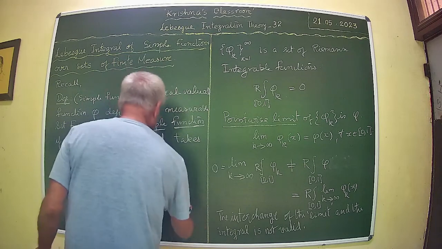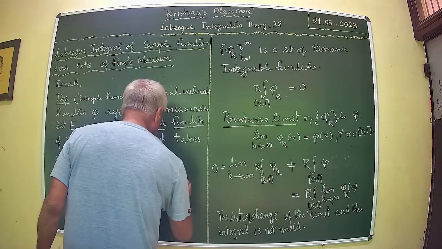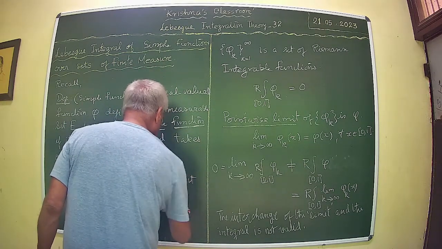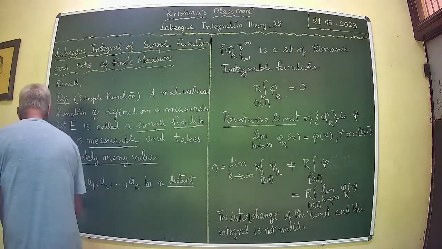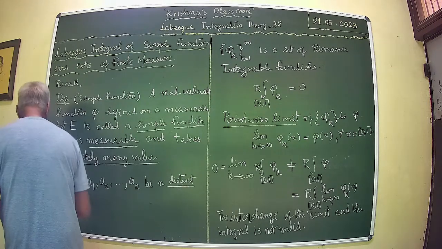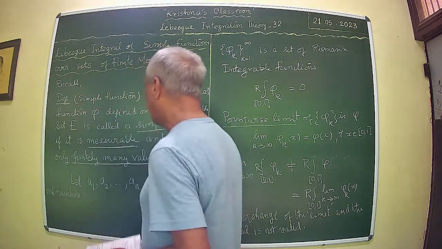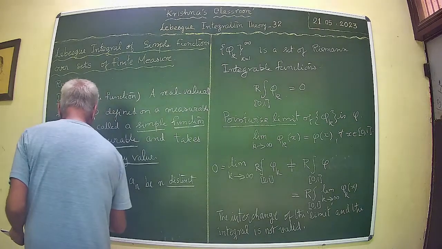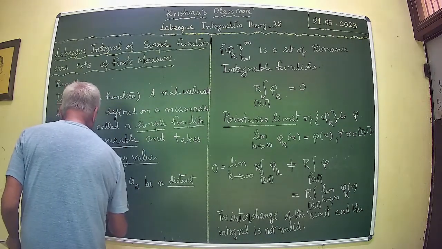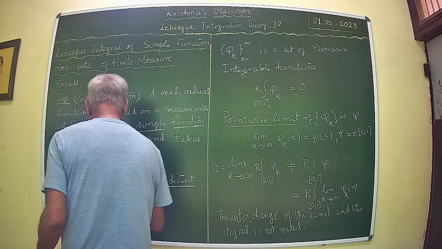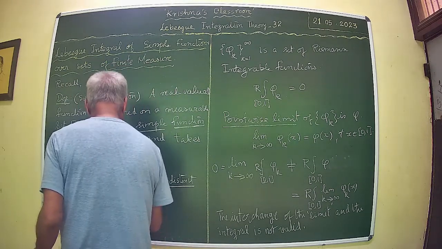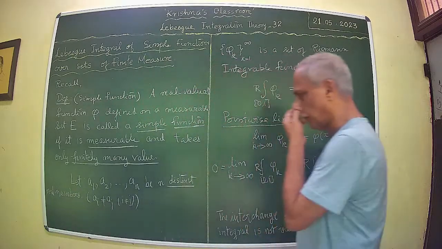That means ai is not equal to aj whenever i is different from j, this condition is satisfied.